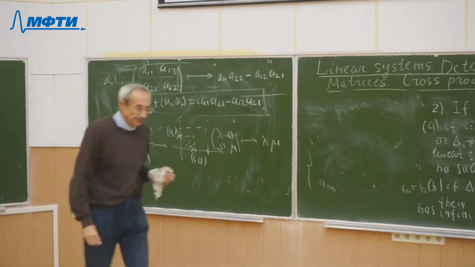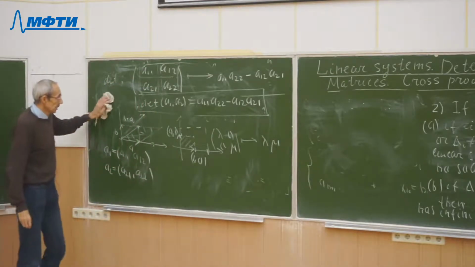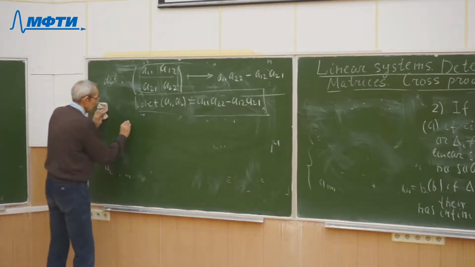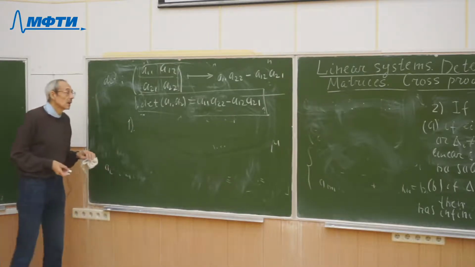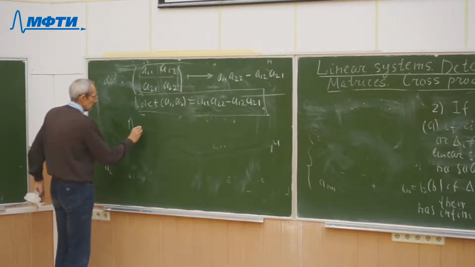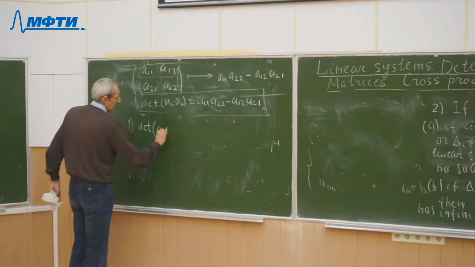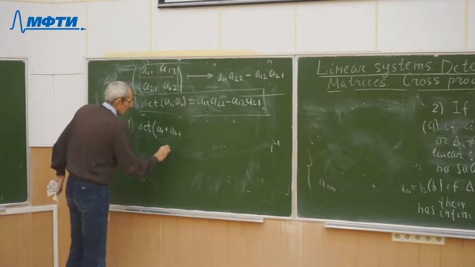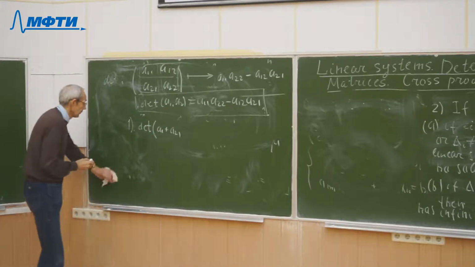And this correspondence has the following property. This function is a linear function. What does linear mean? Let's consider the sum of some rows. What do I mean by the sum of rows?